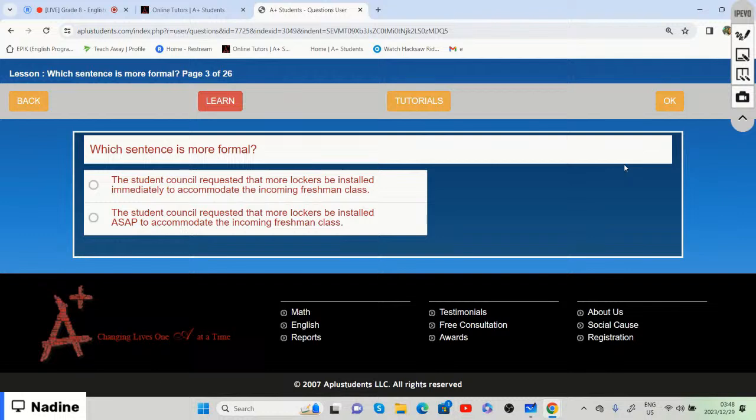All right, and the last one, it says which sentence is more formal? The Students' Council requested that more lockers be installed immediately to accommodate the incoming freshman class. Or the Student Council requested that more lockers are installed ASAP to accommodate the incoming freshman class. So, which one is more formal? First option or the second option?